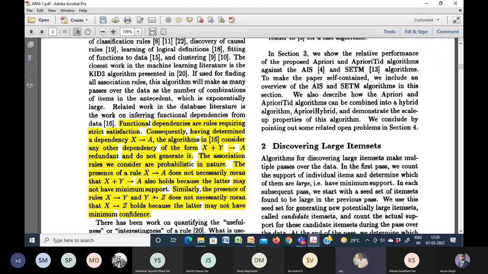It is not that we consider anything. Similarly, X implies Y and Y implies Z does not necessarily mean X implies Z, because it may not have the minimum confidence, right? So as these factors are there, we cannot deal with it the same way, right?